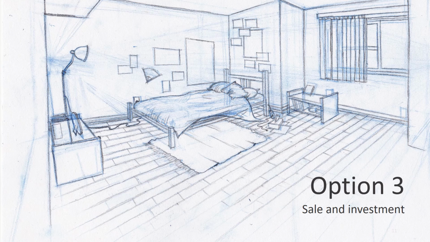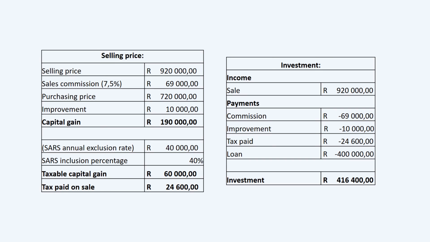For the third option, the selling of the property and investing the funds, the following was done. The selling price was given and the taxable amount on the sale was calculated. This, along with the commission, the improvements and the loan, was deducted from the selling price to achieve the total investment amount.